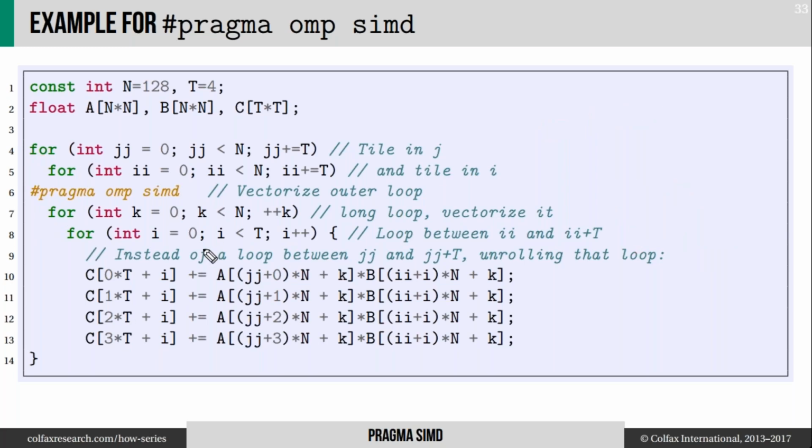Now take a look at the innermost loop. It has how many iterations? 4. By default, this would have been the target for automatic vectorization.